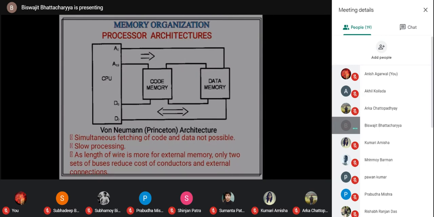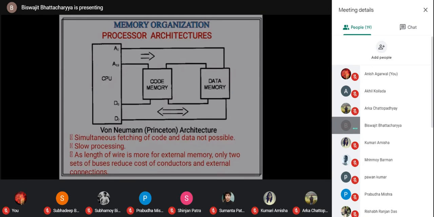Clear? So here only one location can be accessed by throwing some address on the address bus. So when multiple memory blocks are connected, only one memory block can respond at a time. So that is the disadvantage of this.